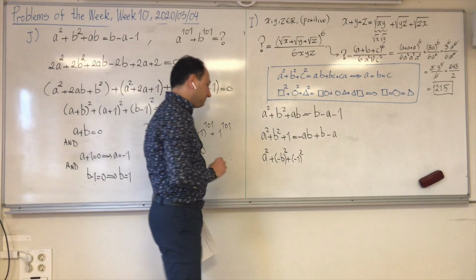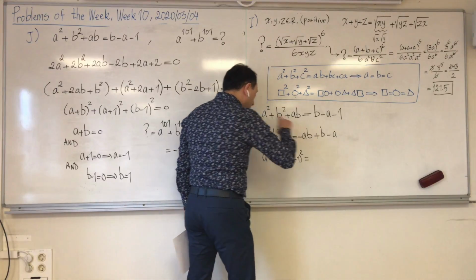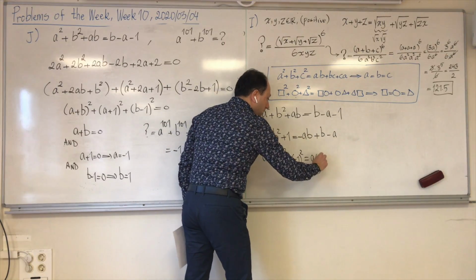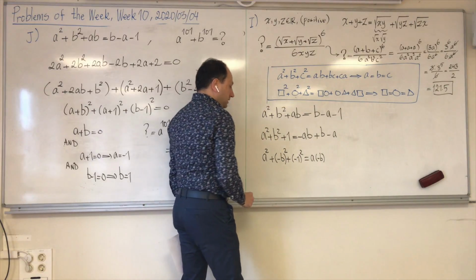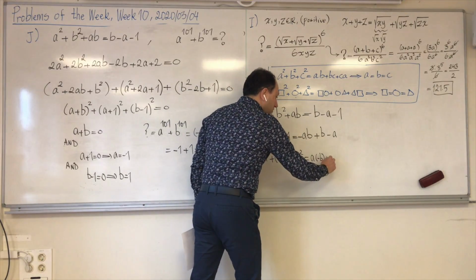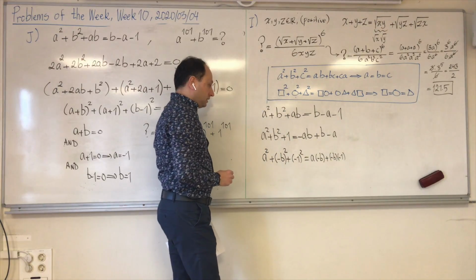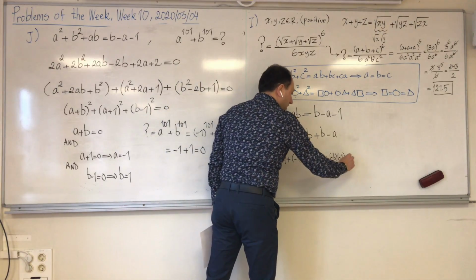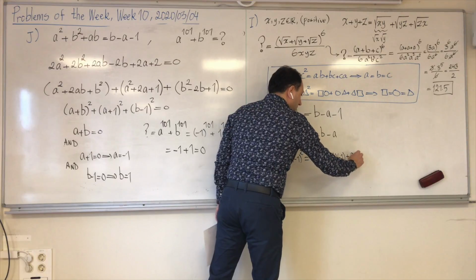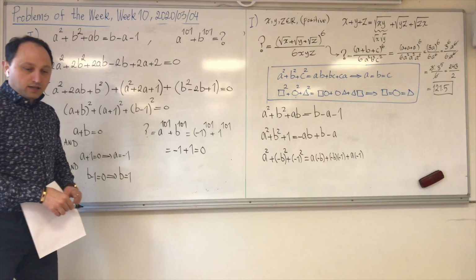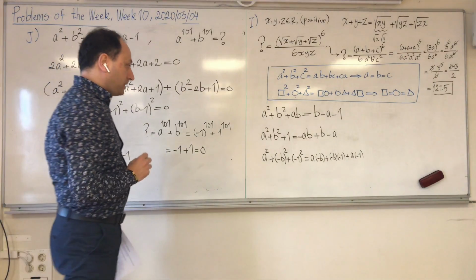But then here, instead of minus ab, I write a times minus b. Instead of b, I write (minus b) times (minus 1). And instead of minus a, I would write a times minus 1. And I hope that you can realize the pattern, yes?